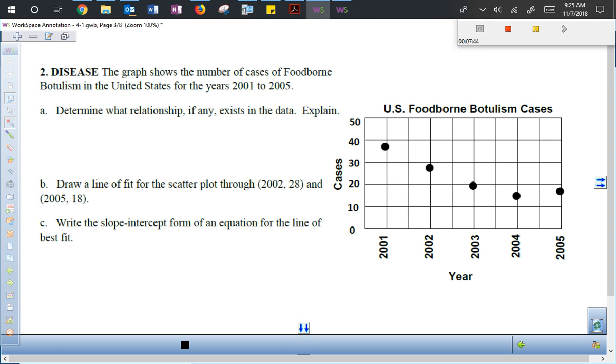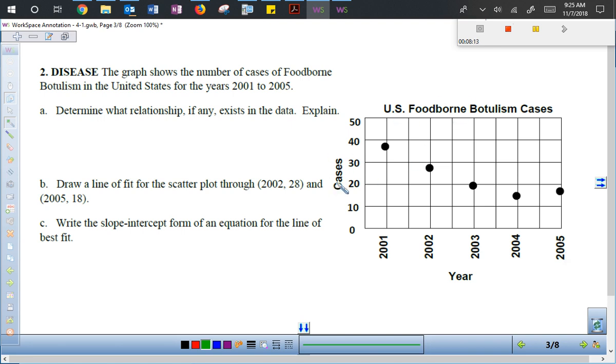Alright, let's try it again. So on number 2, it says, the graph shows the number of cases of foodborne botulism in the United States for the years 2001 to 2005. Part A says, determine what relationship, if any, exists in the data and explain. Now notice my points are all going downwards together, so that's going to be a negative correlation. And to describe it, we start with the x-axis. So as the years increase, then we combine these two.